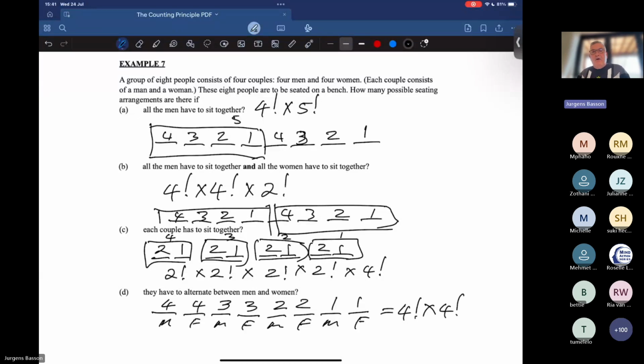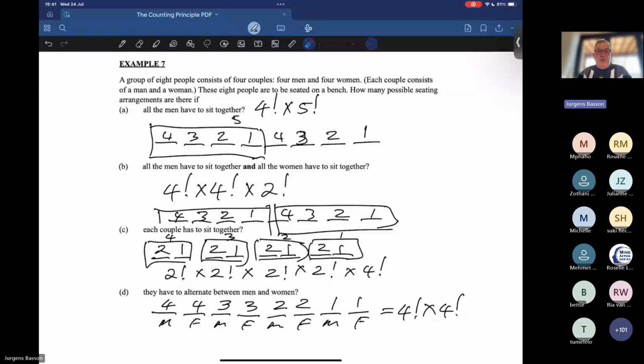But now there is something else that one must keep in mind. It's not about the 2 groups as such, because you can't switch the groups, since they are in between one another. But you will notice that I started with a male, and the question didn't say you must start with a male. We can start with a female as well. So that means we can do this arrangement again, but starting with a female.